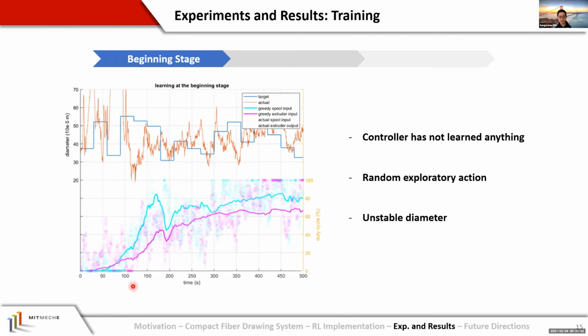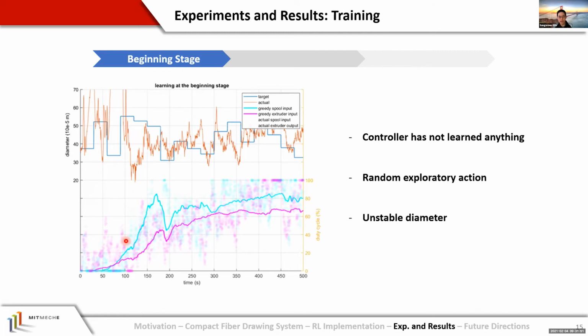The x-axis is the time in seconds, and the blue line here is the reference trajectory with the random step changes that I just mentioned in the previous slide. And the red line is the measured diameter. At the bottom, we have our input actions.